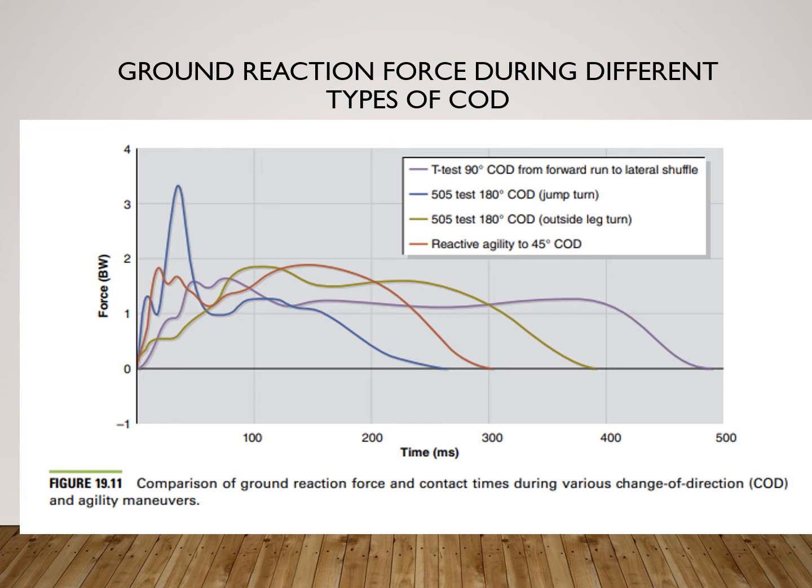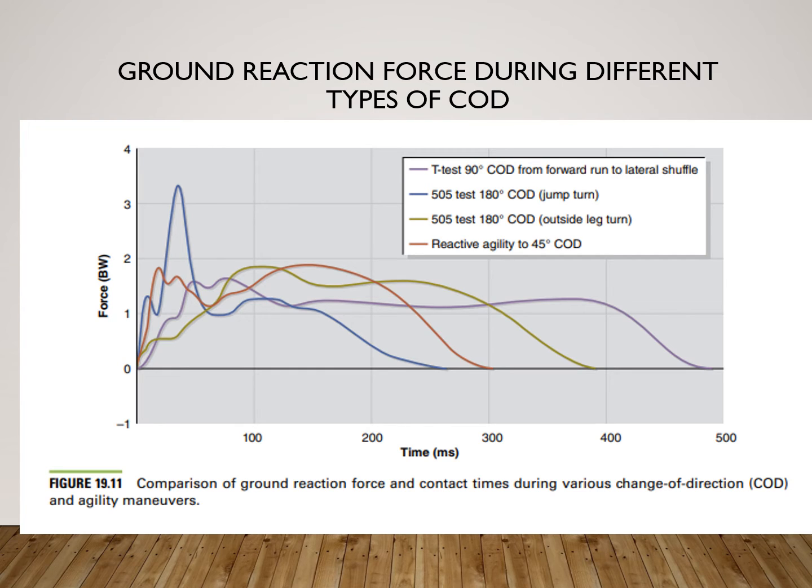So obviously if there's a high braking force initially, there's going to be a much higher eccentric component to that movement pattern. So we need to factor that in when we think about the overall training load, because obviously when there's a high eccentric component, there's a high amount of muscular damage performed. So we need to factor that in when we're thinking about the overall load that an individual would undertake during the session.